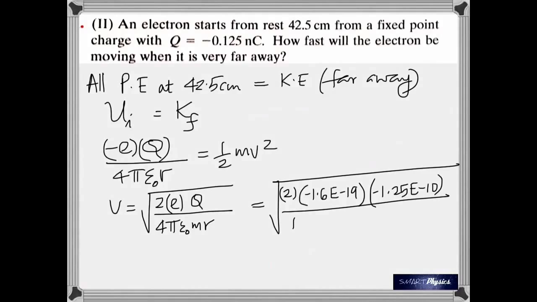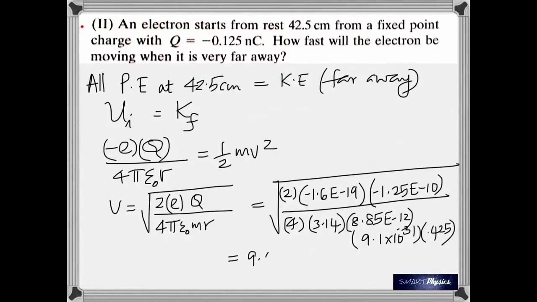Or just substitute the entire value for 4 times pi times epsilon naught, which is 8.85 times 10 to the negative 12, times the mass of the electron, times the distance. And when that is done, the answer is 9.64 times 10 to the 5 meters per second.